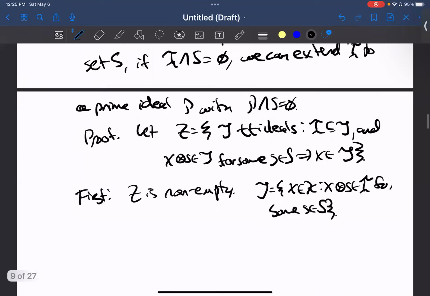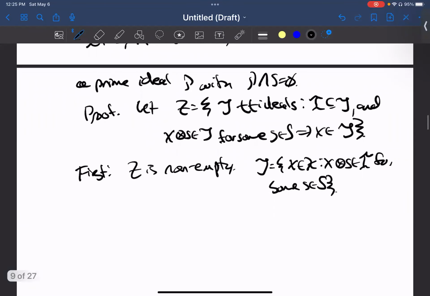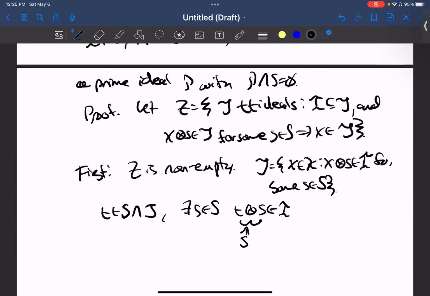Now this is disjoint from S because if we had any T as an element of S intersection J, then there exists some S in S such that T tensor S is in I, but this is also in S. So that would be a contradiction.